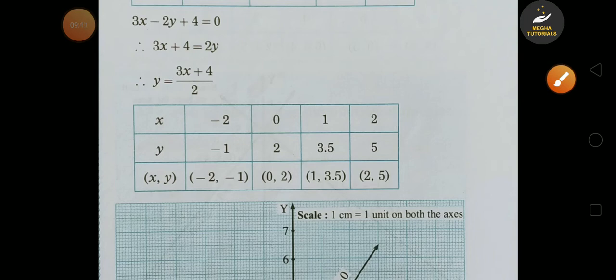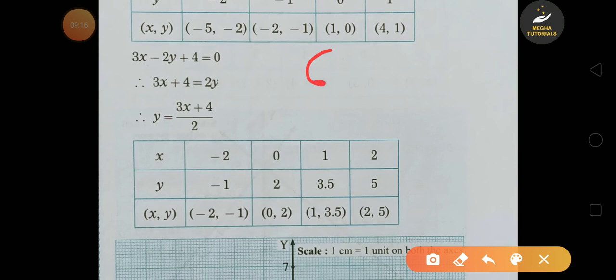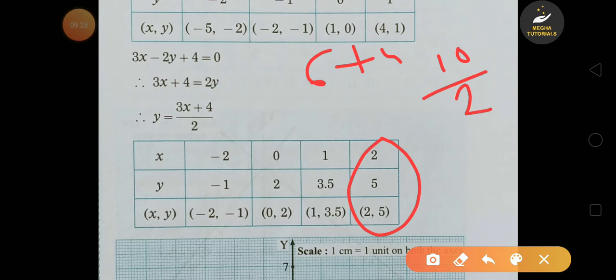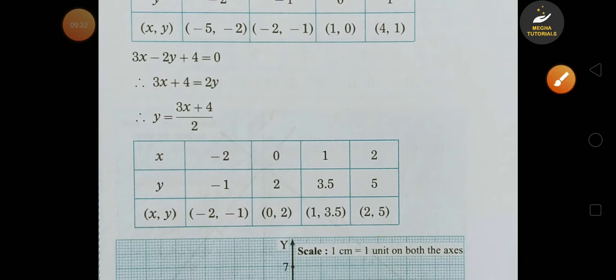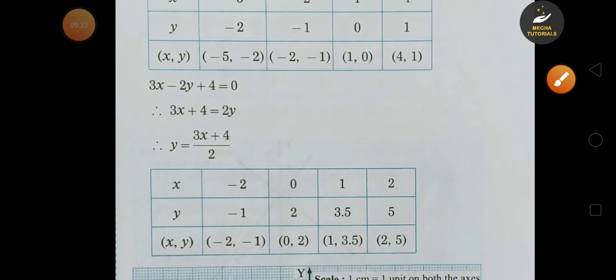So 3 2s are 6. 6 plus 4 is 10, and 10 upon 2 is 5. Therefore, next ordered pair is 2 comma 5. Value of x is 2 and we will get y is equal to 5. So 2 comma 5. Okay, now we have the ordered pairs of both equations.